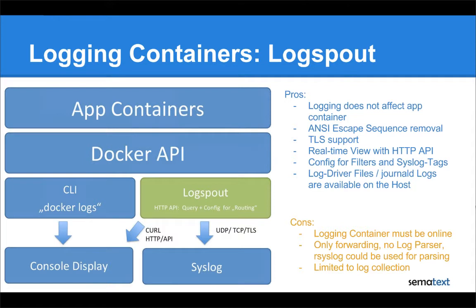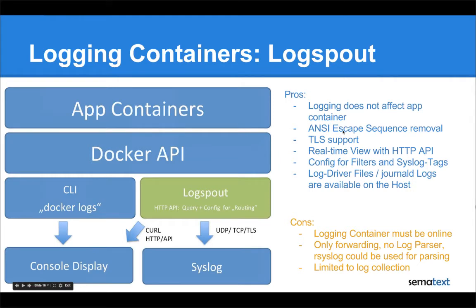But basically it needs ANSI escape sequences in the terminal to color these text lines. And if we like to parse logs to get structured data, it's very difficult to define, for example, regular expressions that deal with the ANSI escape sequences. So the nice thing about Logspout is it has handling for these escape sequences.